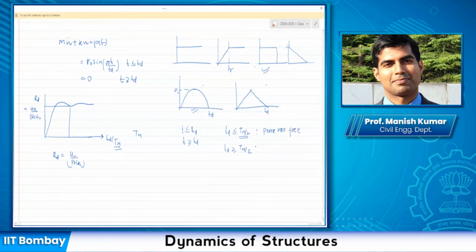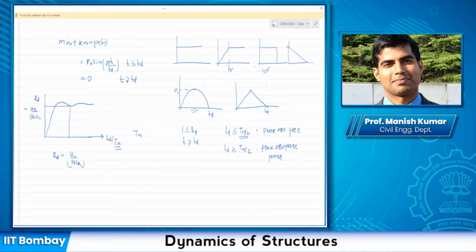If it is greater than Tn by 2, then peak response occurs during the forced vibration phase. And we saw why that happens. We solved the equation of motion for the step force, and we saw, based on the free vibration response and the forced vibration response, why that happens.